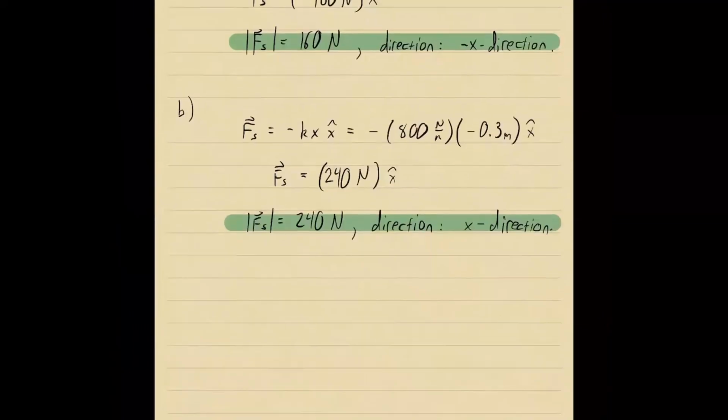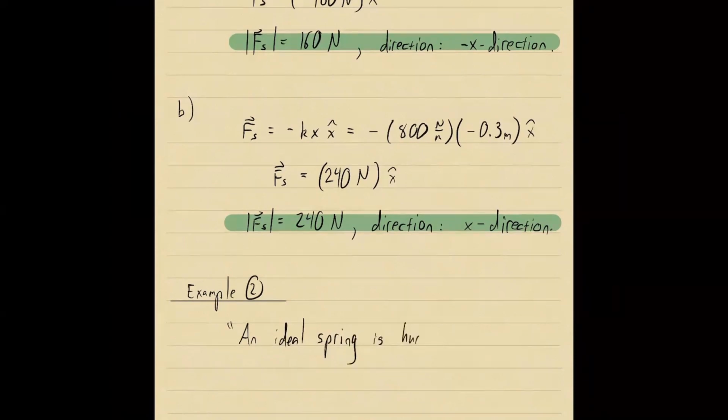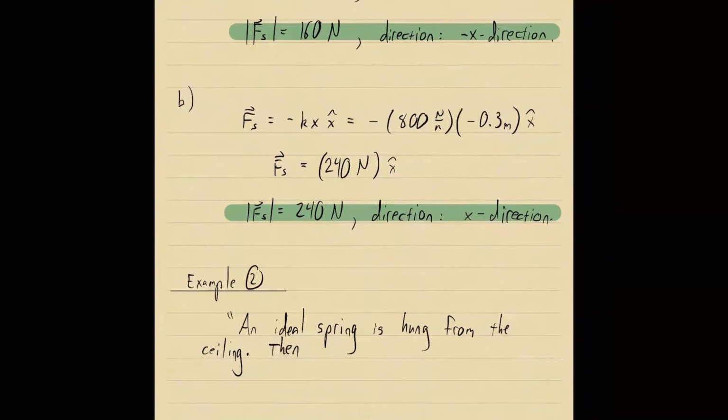All right, one more. So example 2 says that an ideal spring is hung from the ceiling. The spring's just minding its own business, and then a 10 kilogram box is attached to the other side of the spring.